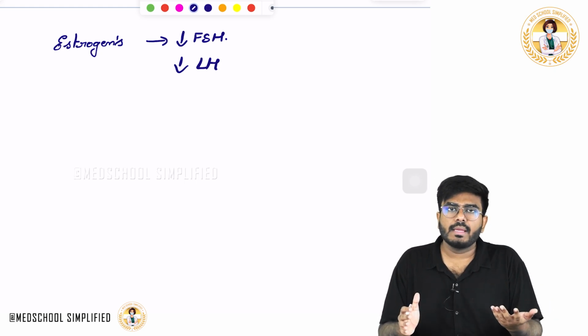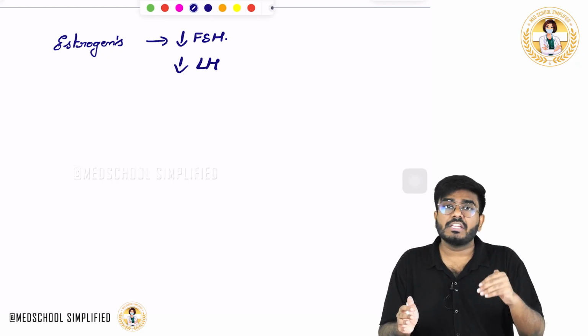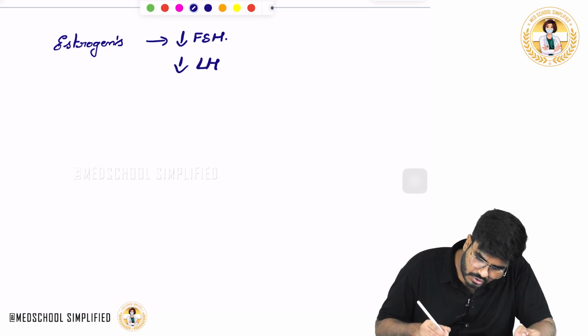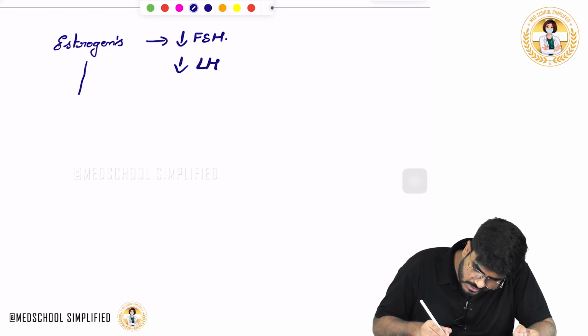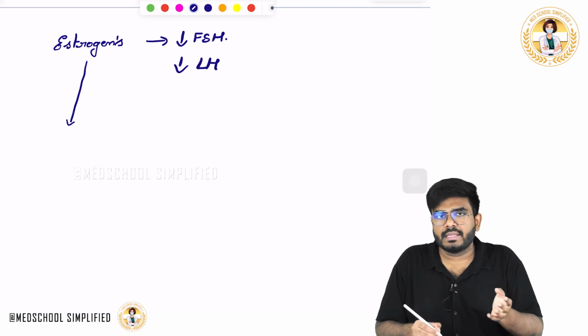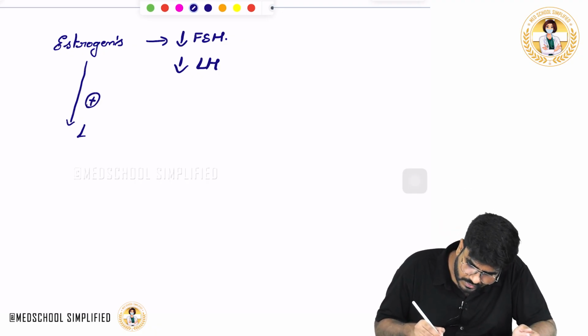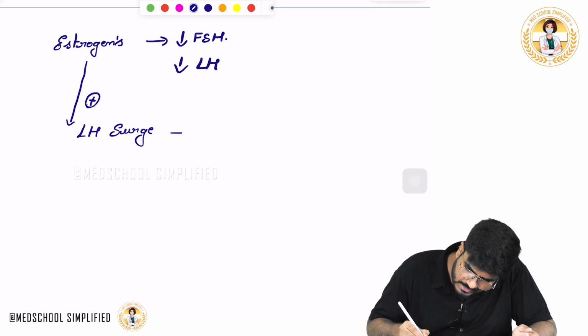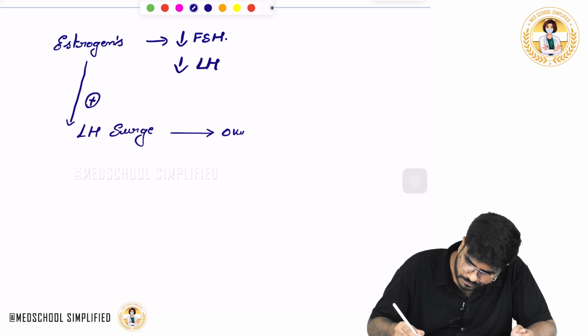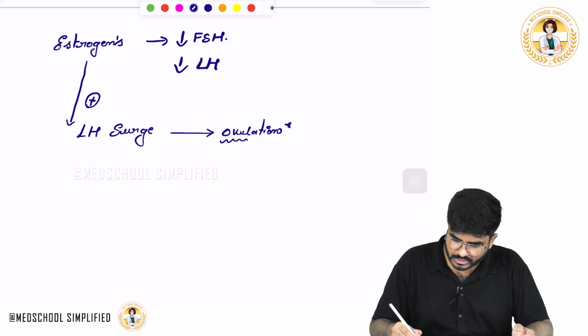Normally it gives a negative feedback, but when you have a high concentration of estrogen in the mid of the cycle, estrogens give positive feedback for the LH surge. Estrogens at high concentration, somewhere around the 14th day, there is going to be an LH surge. That LH surge is responsible for ovulation.